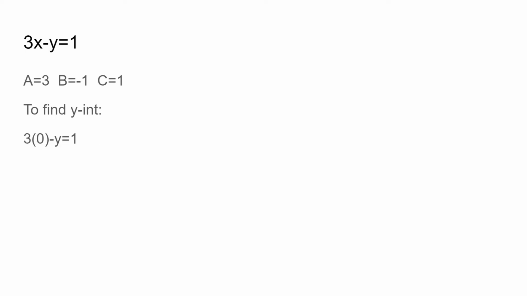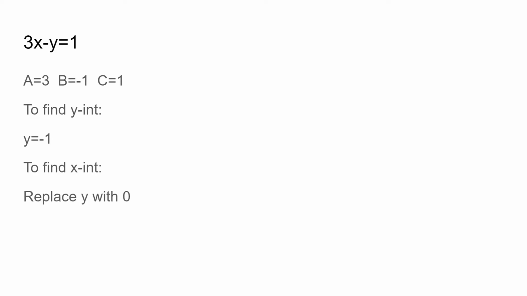And when we do that, we get 3 times 0 minus y equals 1. And the 0 cancels the 3 out, and after we multiply by -1, we get that the y-intercept is at -1.